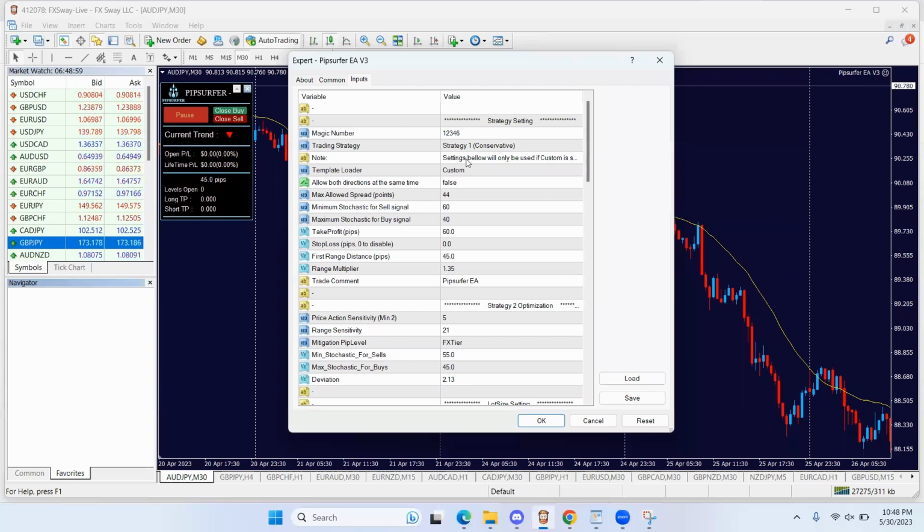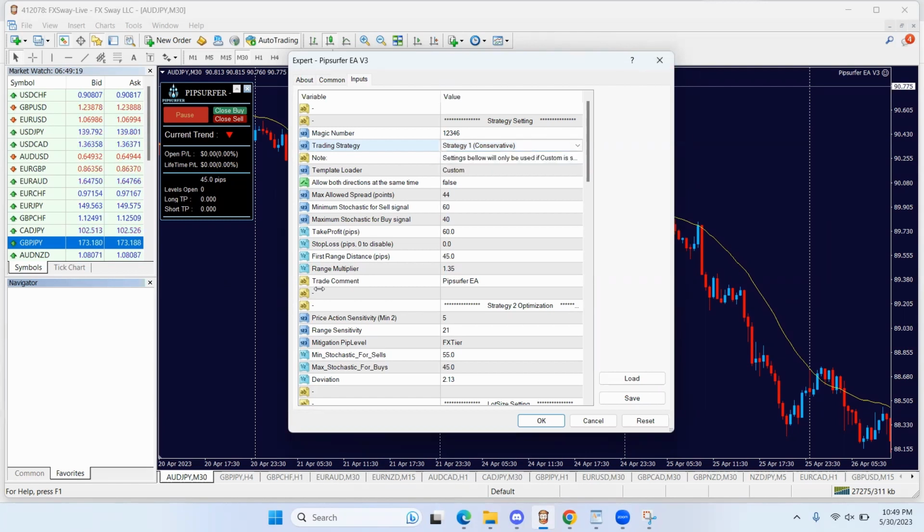Trading strategy is very, very simple to understand. There are 3 trading strategies that we have on Pipsurfer currently. The first one is a conservative strategy. This strategy may not trigger so many different trades.